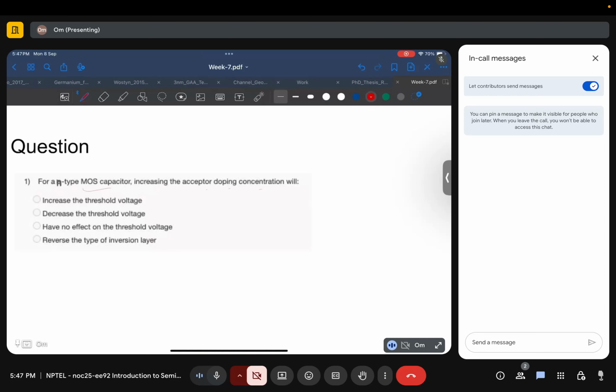So in N-type MOSFET, you have metal, oxide, then you have semiconductor, which is P-type doped Na, right? So what is the threshold voltage? We have seen that Vt equals minus Qd by Cox plus 2 phi f.